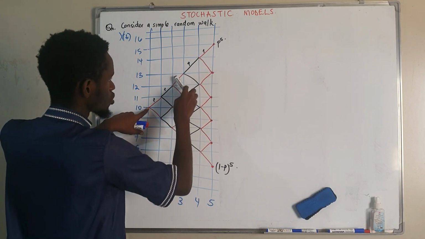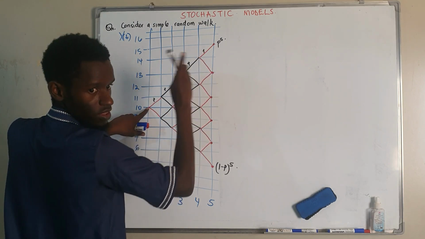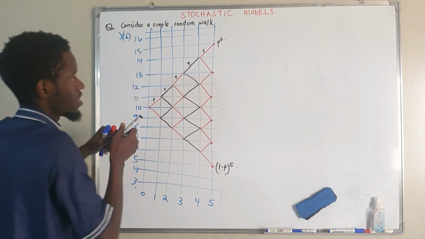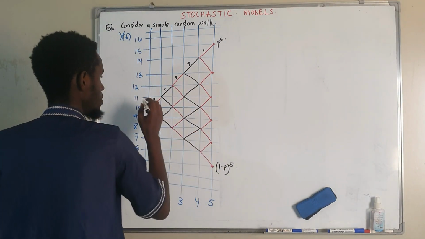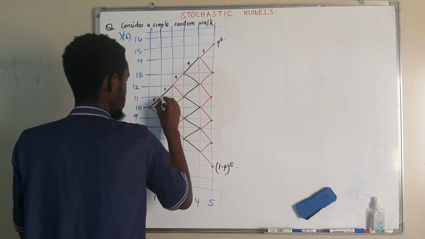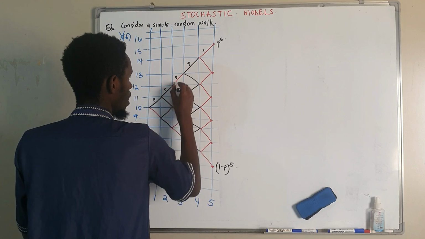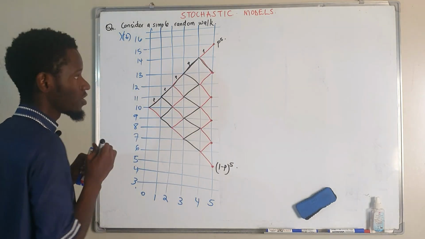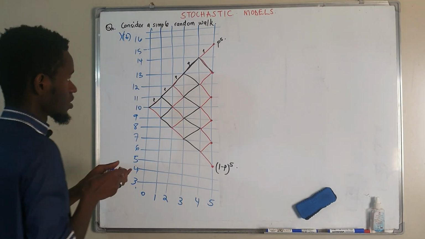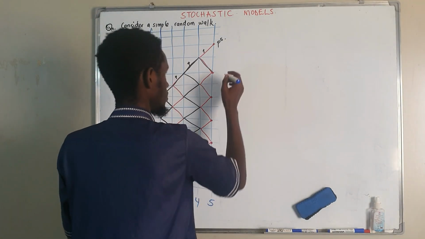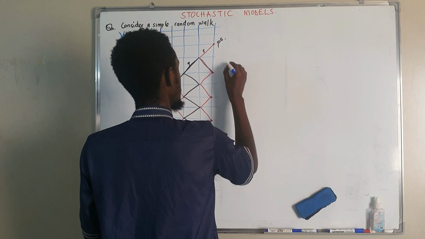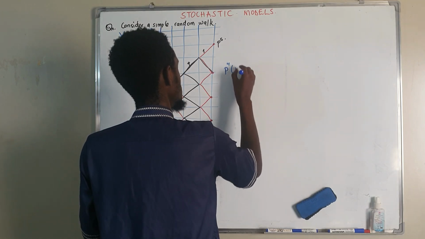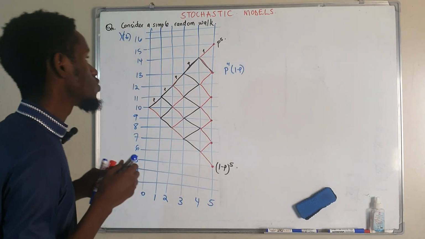It is p times p times p times p times 1 minus p. I move up, up, up, up, then down. That is p power 4 into 1 minus p. That's the first way to reach there.